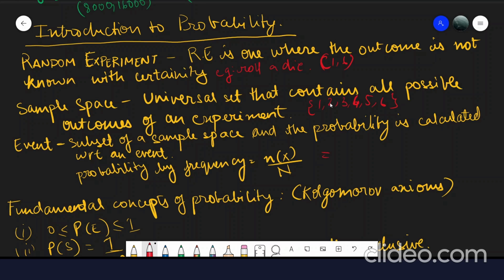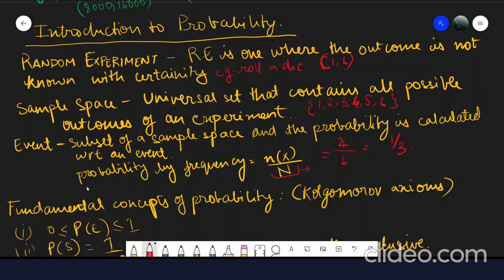In our entire sample space, we have just two values less than 3, which are 1 and 2. So the number of favorable outcomes is 2. And n here is the total number of possible outcomes of the experiment, which is the length of the sample space, so this is 6. So this is 1 by 3. Then the probability that you get a number less than 3 is 1 by 3.